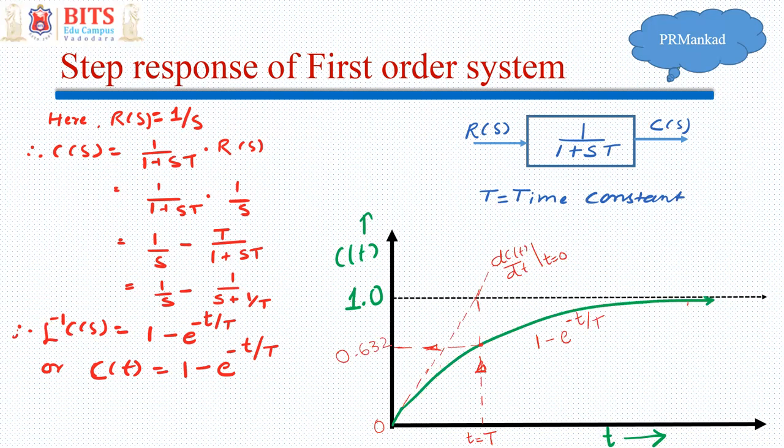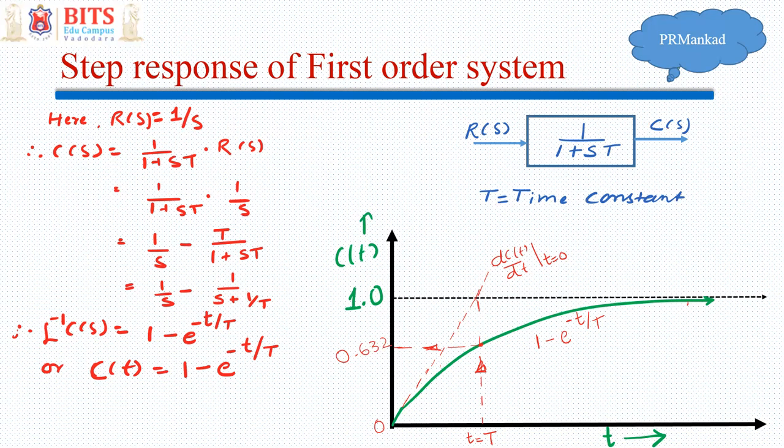Or, the other way around, if I take the slope of this output curve at t equal to 0, the point at which it intersects the final value is at the same time, small t equal to capital T. So the time constant is a parameter which shows how quick or how slow your system is. Capital T is the time constant over here.